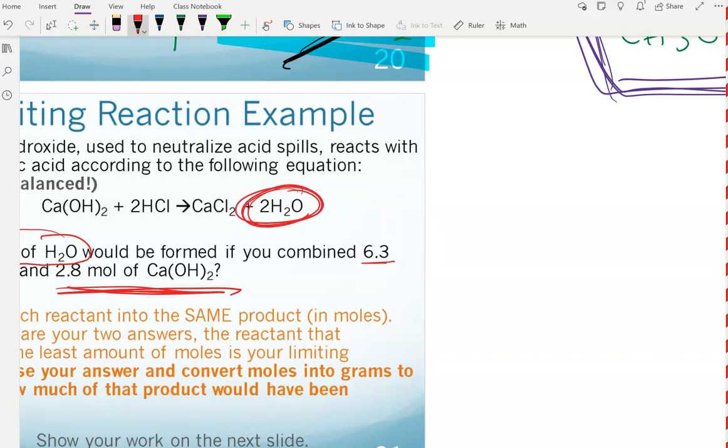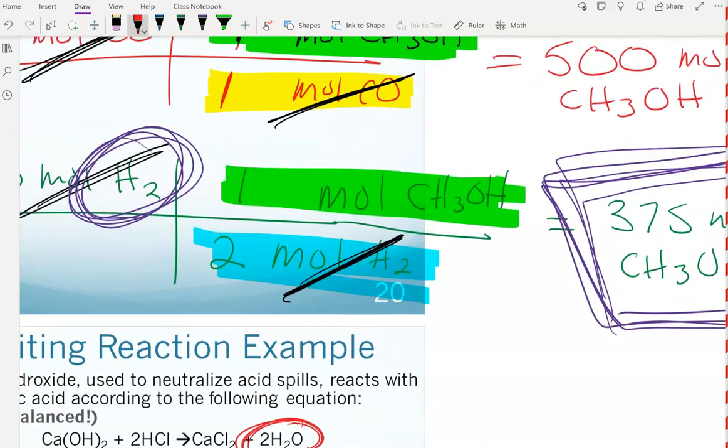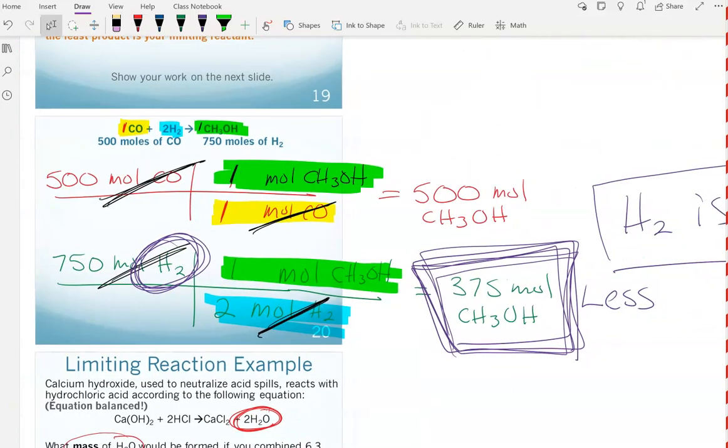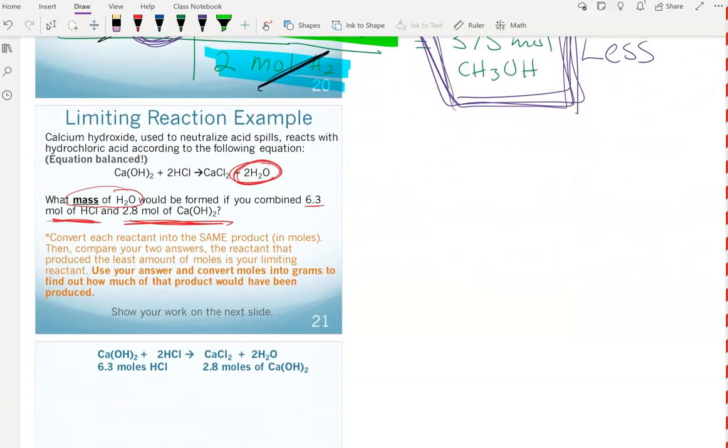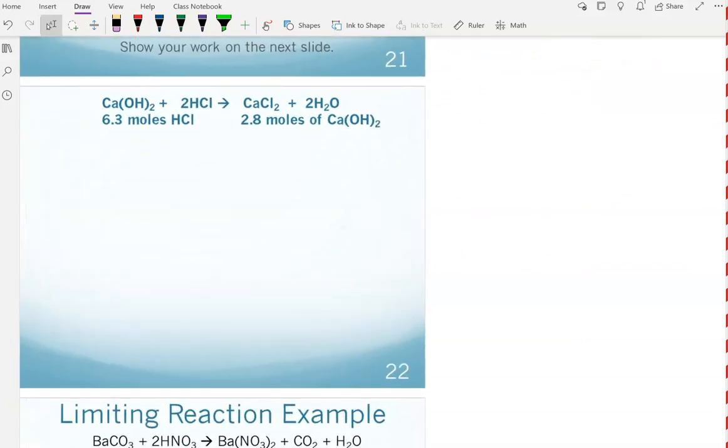If this was just asking for the limiting reactant, then I could convert into either one of these. Because in the previous problem, we only had one product, so we only had one thing that we could convert into. In this question, we have two products, but the question is specifying which one we're going to convert into.